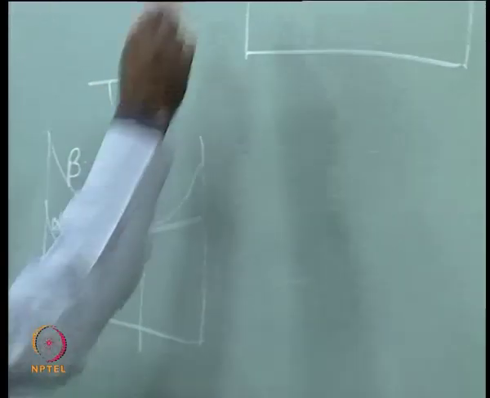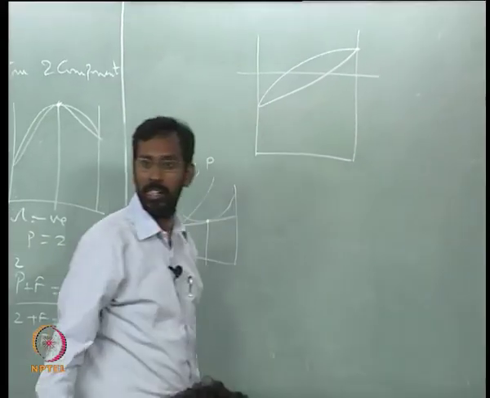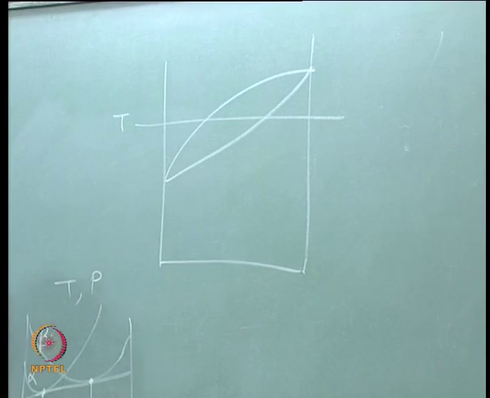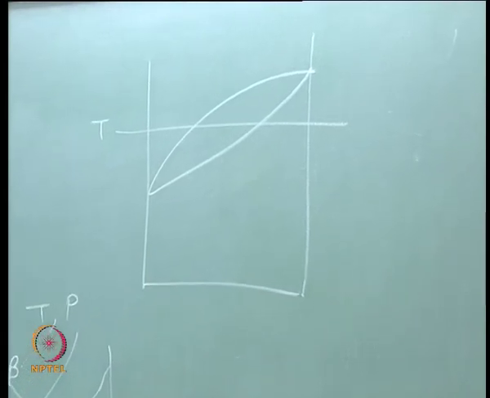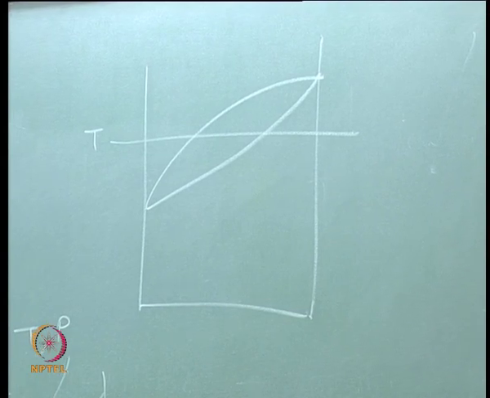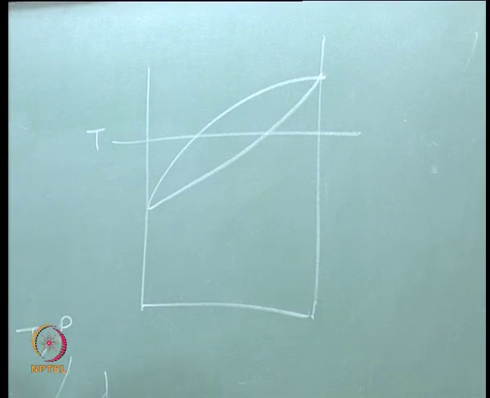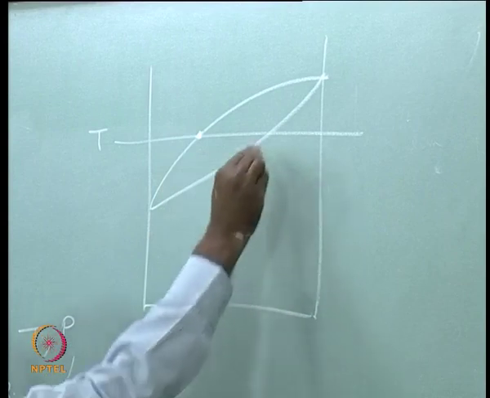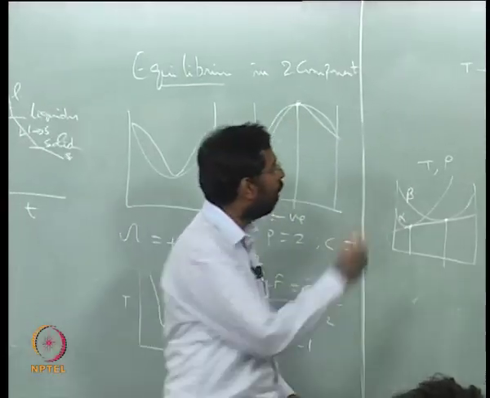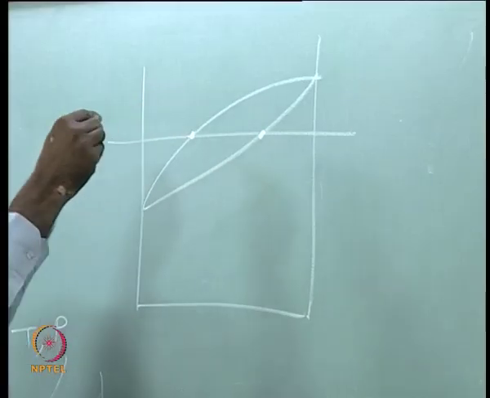So that means if I draw a constant temperature line, what we call such lines in phase diagrams, they are called tie lines. So if I draw a tie line there, and then this particular composition and this particular composition that you see, what are the phases here?